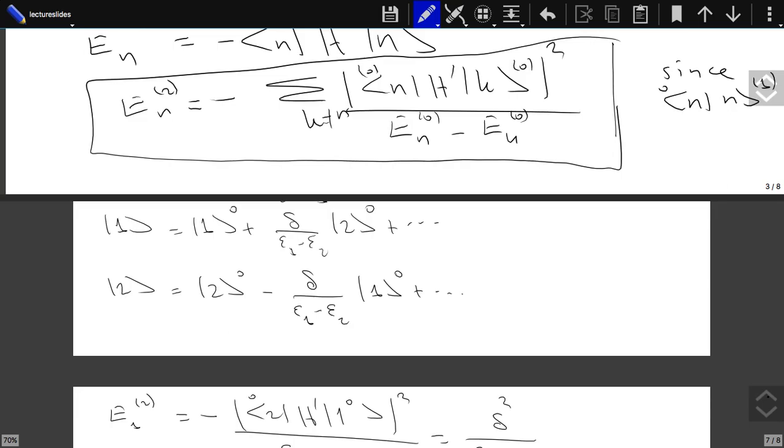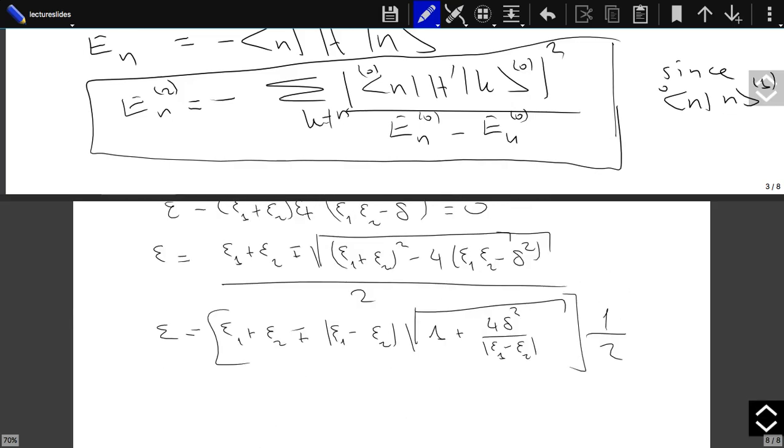So we cannot just keep one term and say that this is our approximate solution. Just having delta small doesn't guarantee the convergence of our perturbative expansion. It's not delta, it is delta over epsilon 1 minus epsilon 2 that determines whether our expansion converges or not.